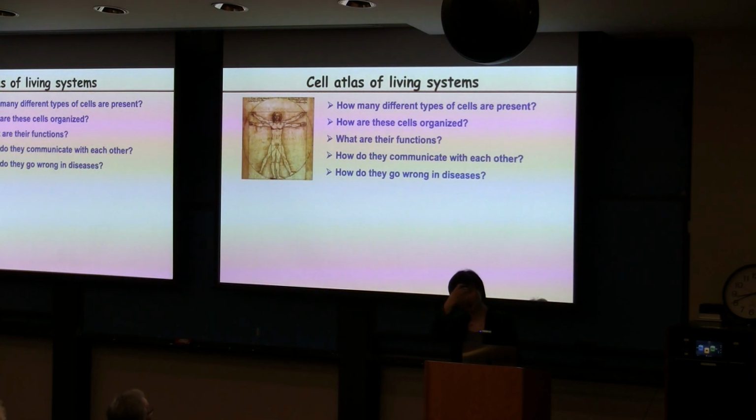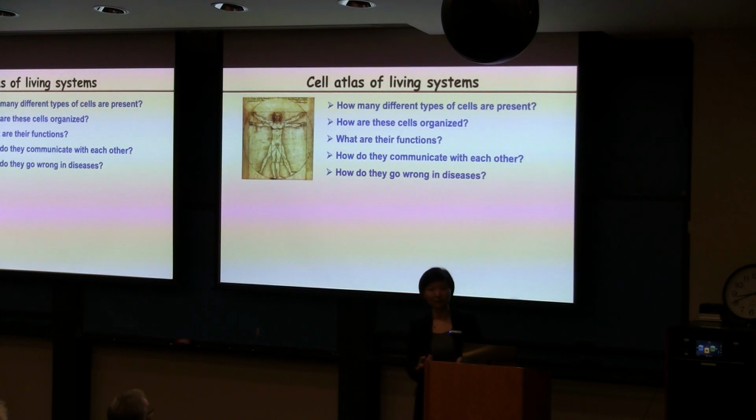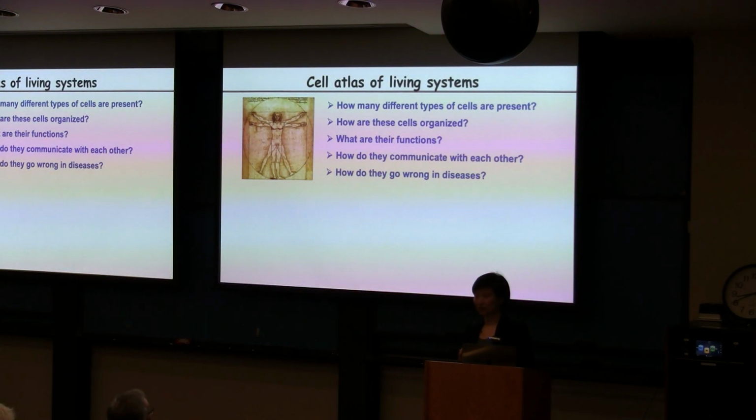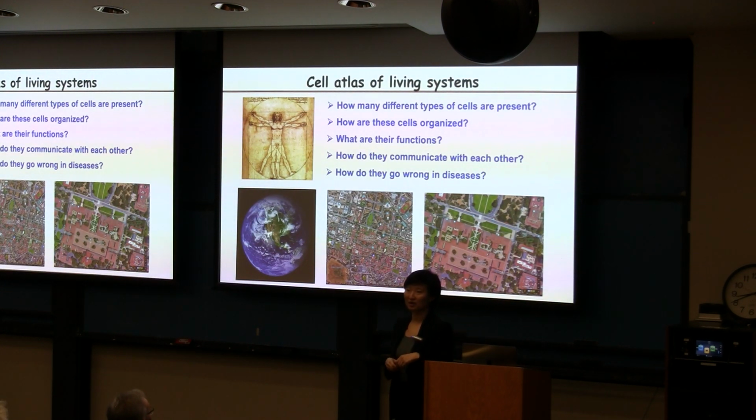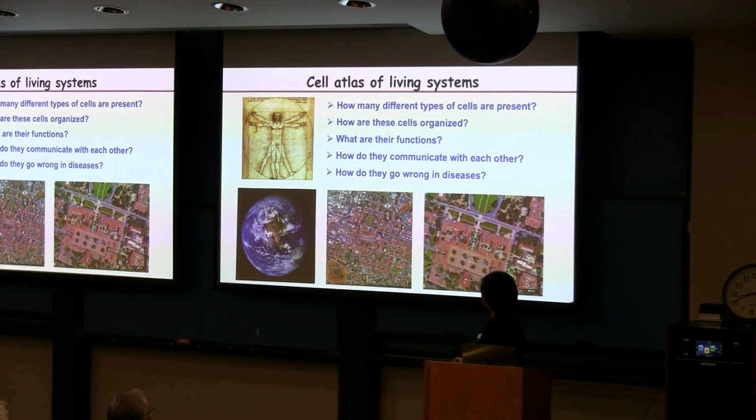And of course, we can not only apply this approach to healthy tissue, but also pathological tissue such as tumors, to look at the microenvironment of tumors, immune cell tumor interactions, and so on. Again, what I tend to tell people is it's just like building a Google Atlas of our body, but not only knowing what types of cells there are, where they are, but also what they do.